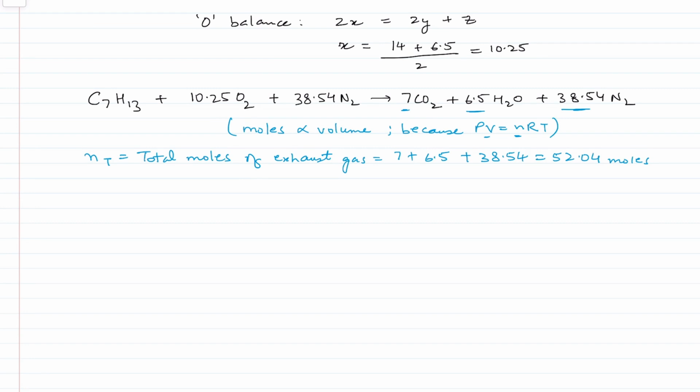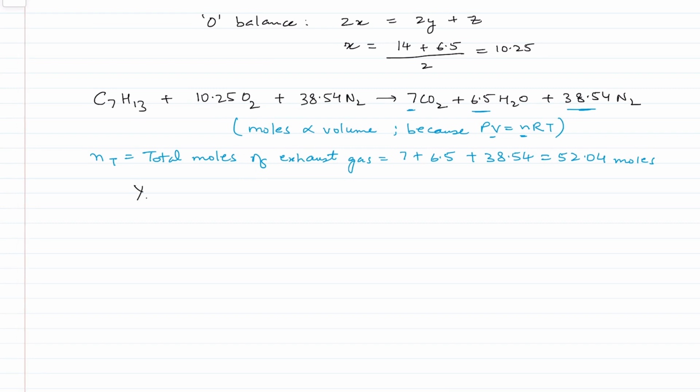And now let's calculate, say, the concentration of CO2. That would be NCO2 divided by NT, which is 7 divided by 52.04, which is equal to 0.1345 or 13.5%.